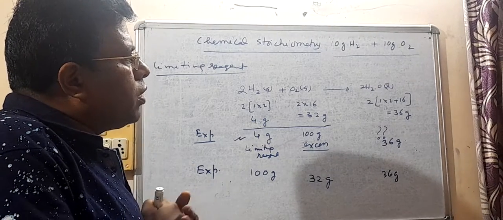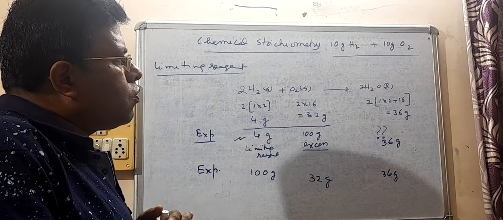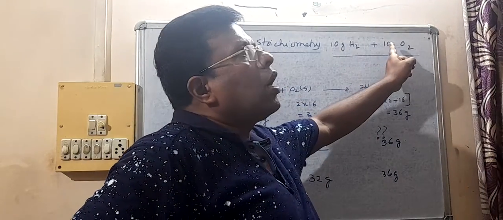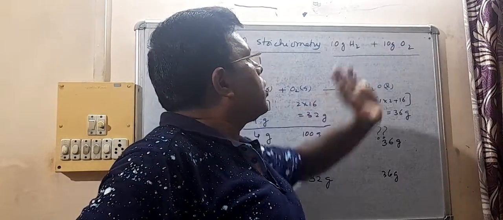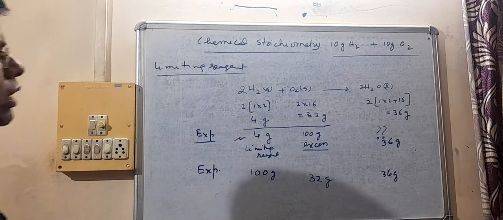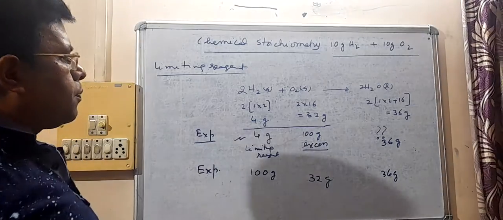To find the amount of water produced, you have to find out, when we have 10 gram hydrogen and 10 gram oxygen, which one will be the limiting reagent. The limiting reagent has to be identified first.